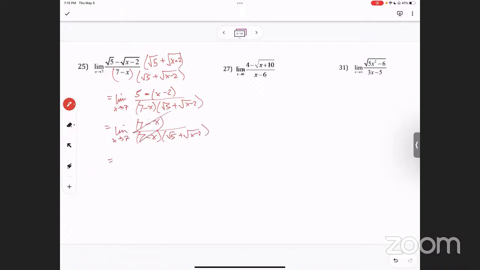So those cancel out, and you get the limit as x goes to 7 of 1 over root 5 plus root x minus 2. And now I can plug in 7, and I get 1 over 2 root 5, which simplifies to root 5 over 10, if that's what they want you to write.